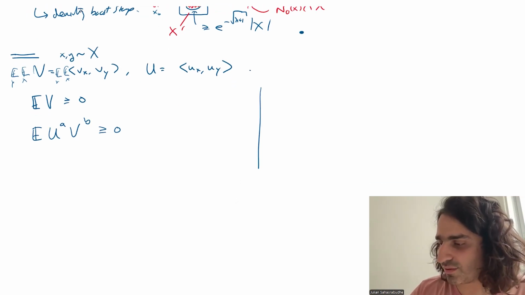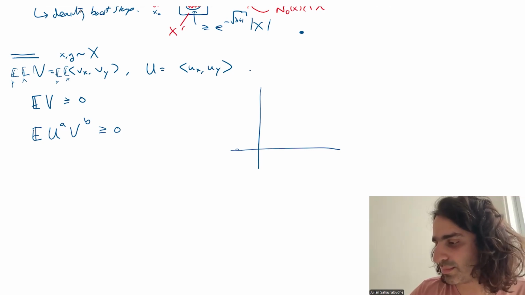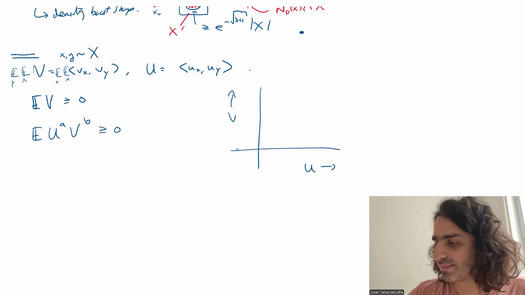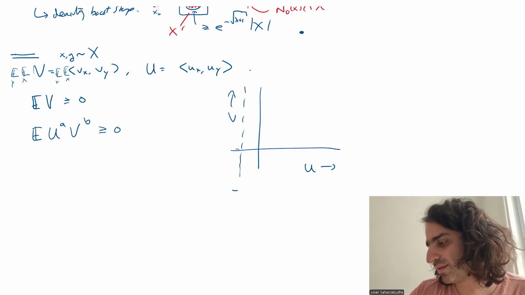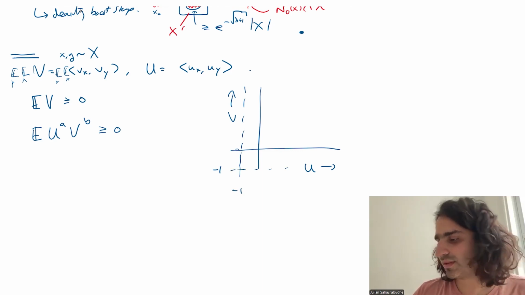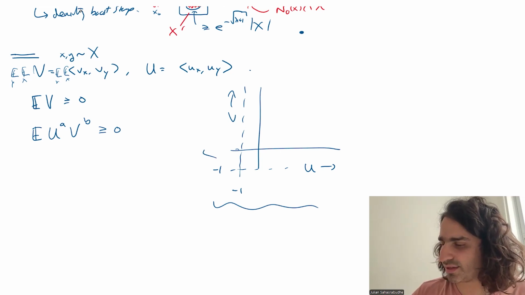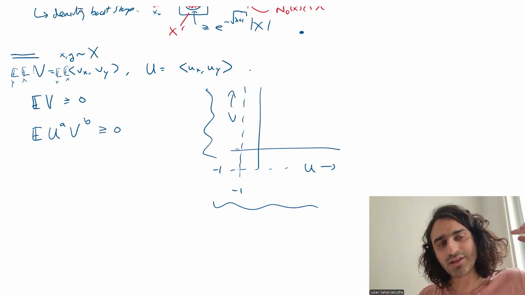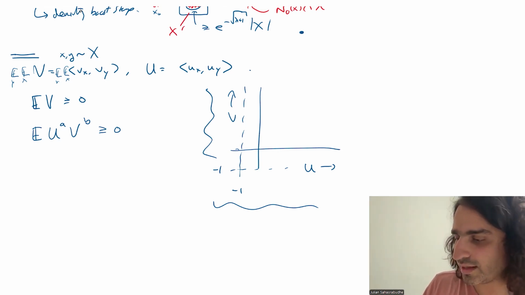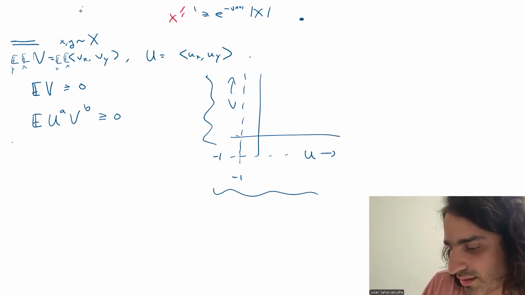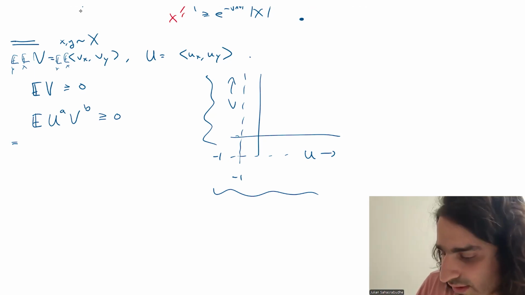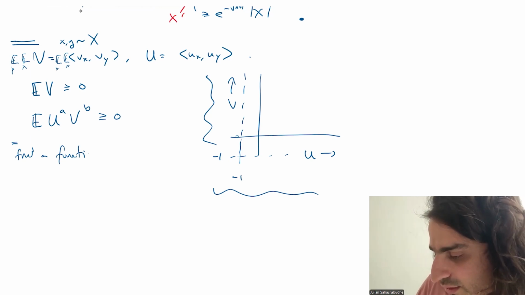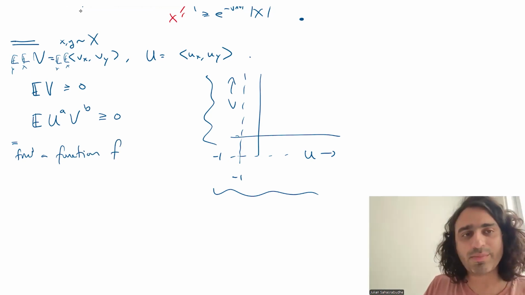So what's the picture? Here's my UV space. So this is say U, this is V. And I'm sad in this region here, if one of these is much less than U or V. The idea here is we want to find a kind of test function, f, with the following properties.